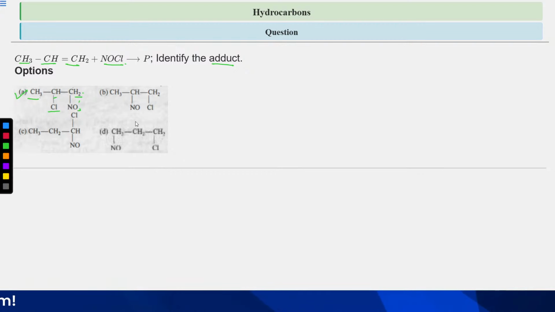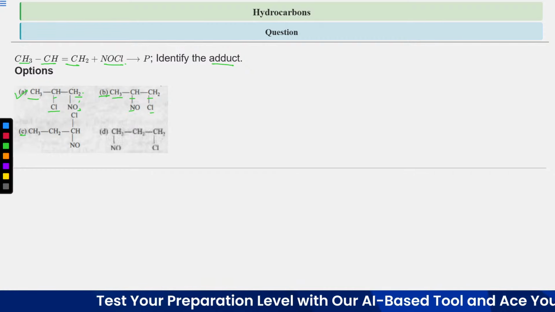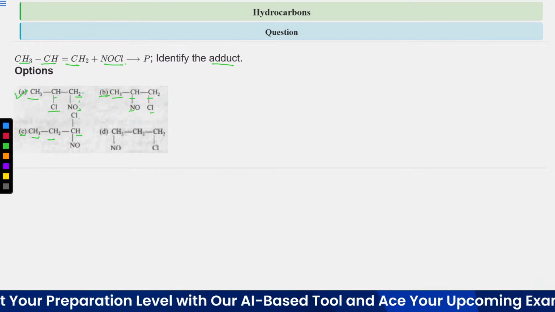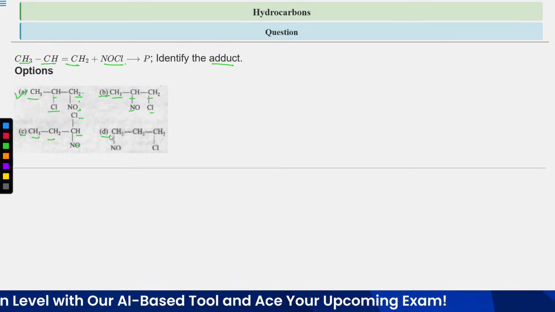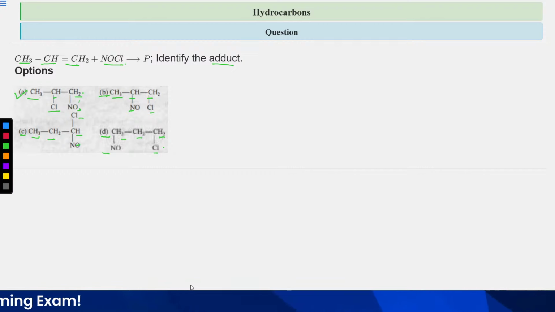In B we have CH3, CHNO, CH2, Cl. In the third option we have CH3, CH2, CH, ClNO. And in the fourth option we have CH2NO, CH2, CH2, Cl. You have to identify the correct adduct in the given reaction.